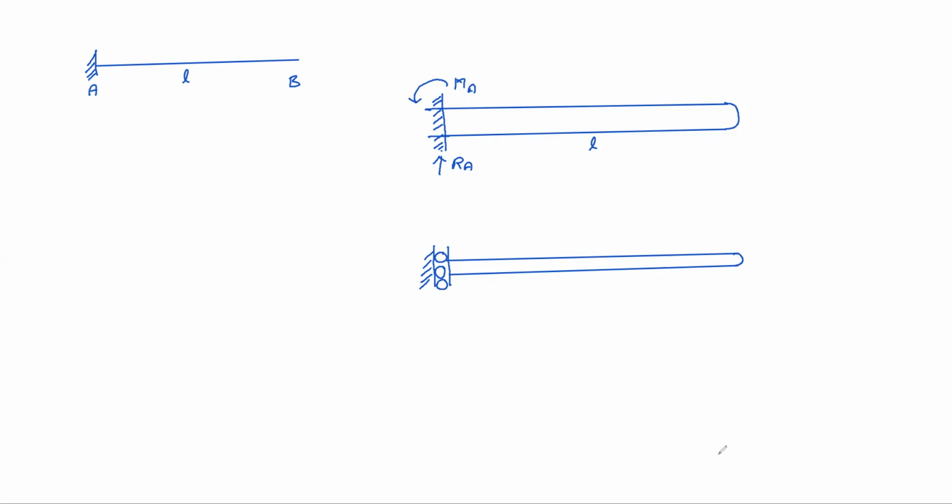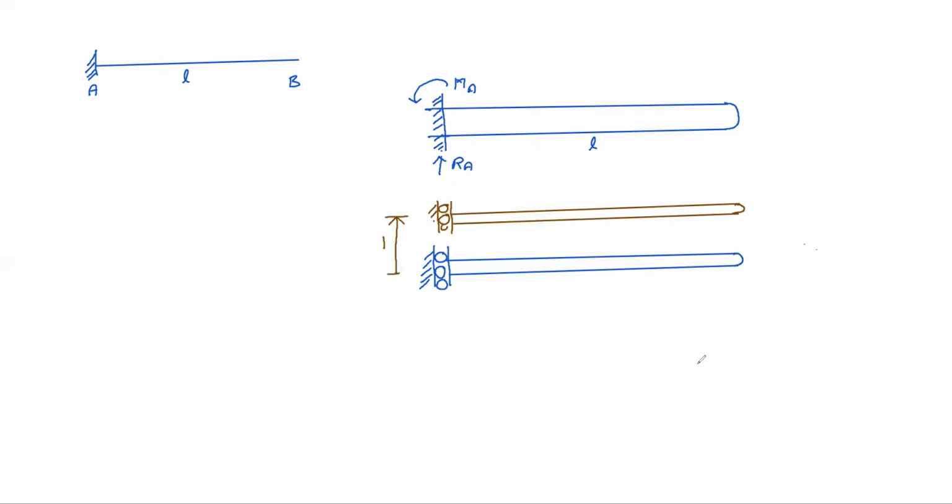If you give unit displacement in RA direction, the beam goes like this. So you are giving unit displacement in RA direction, 1 unit.